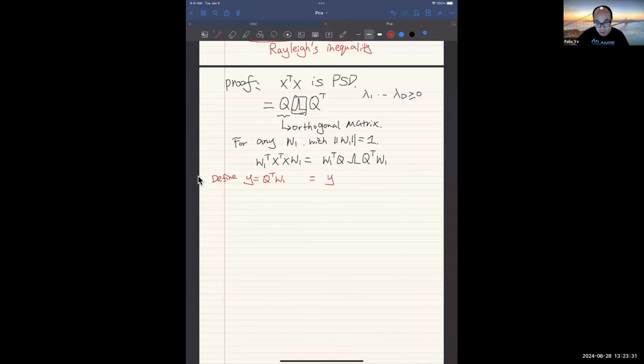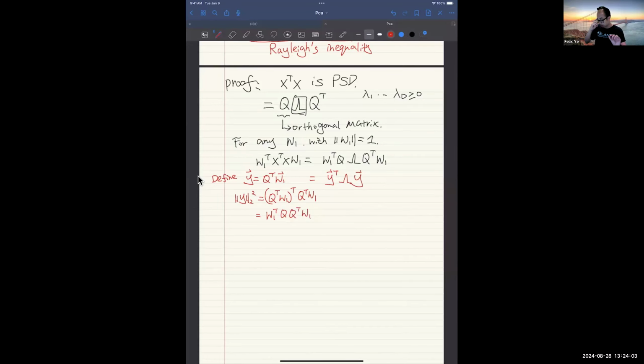Then this becomes Y transpose lambda Y. Also, the squared norm of Y is Q transpose W1 transpose times Q transpose W1, which becomes W1 transpose Q Q transpose W1.